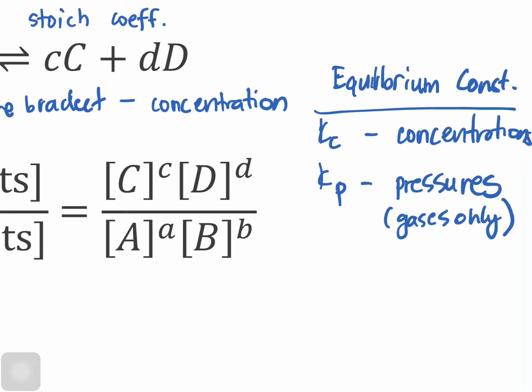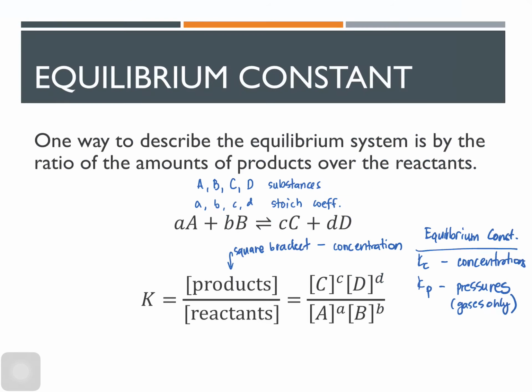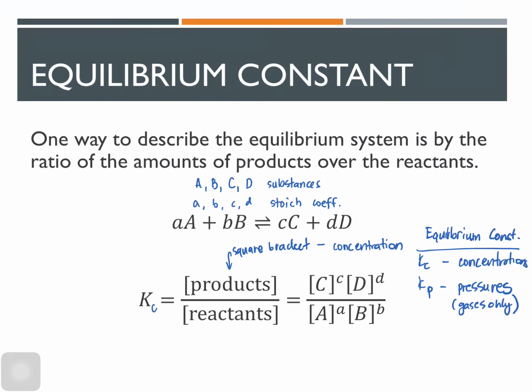So we have two types of equilibrium constant, the Kc and the Kp. What we have written here is in terms of concentration, so that is Kc actually.